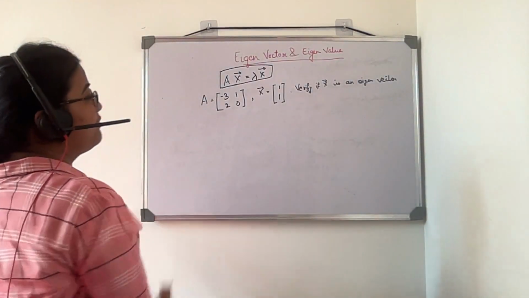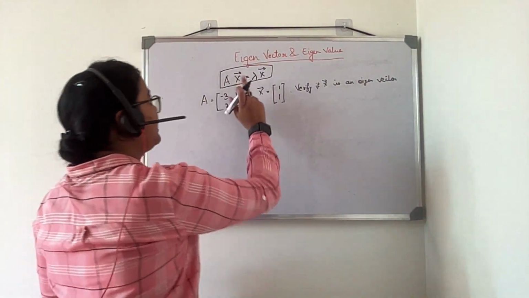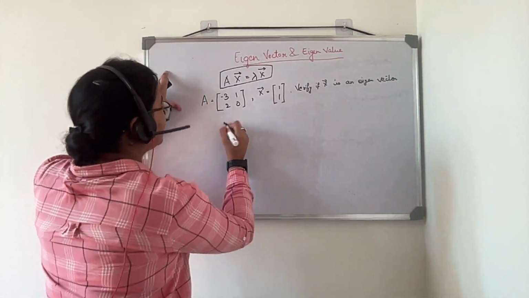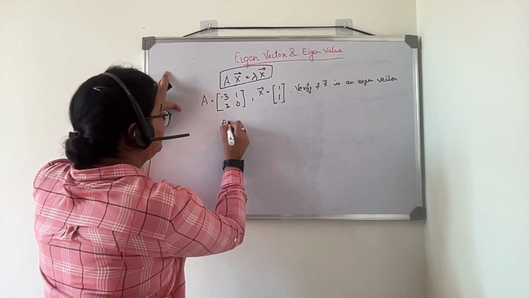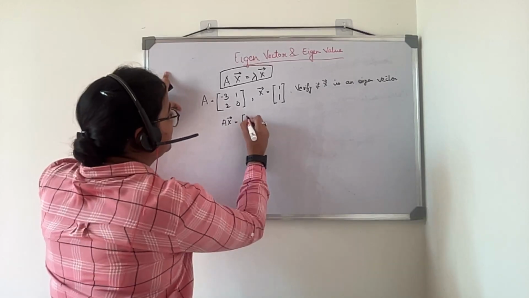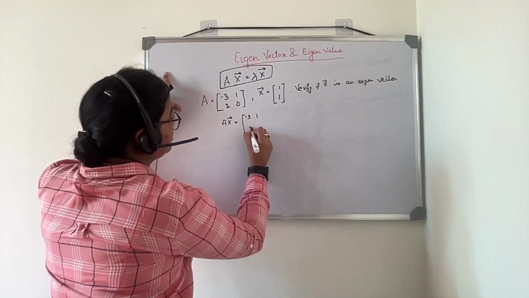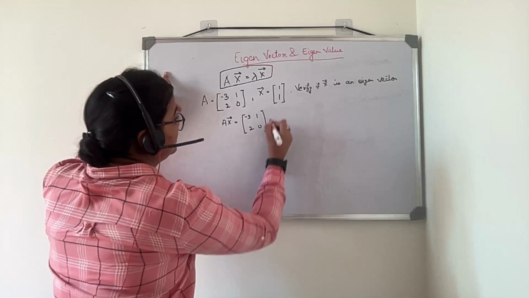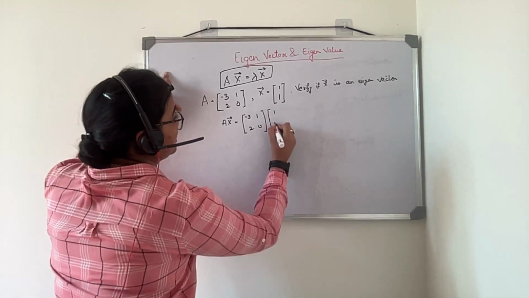Okay, so how will we do it? We know this formula, right? So we will do A into x bar. So let us multiply: A into x bar equals -3 1, 2 0 multiplied with x bar 1 1.